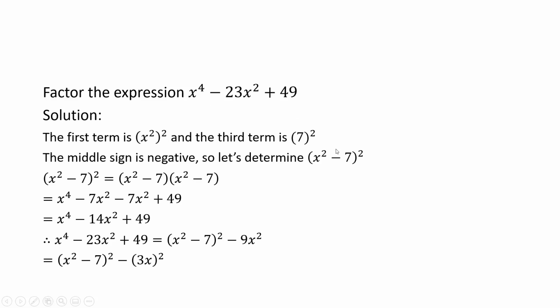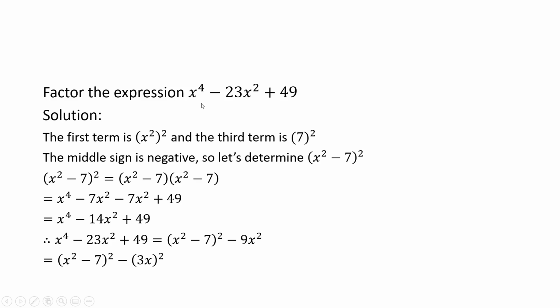But if you look at the original question, the middle sign there is a minus. So instead, let's try figuring out what's x squared minus 7 quantity squared. Well, x squared minus 7 quantity squared will ultimately be x to the 4 minus 14x squared plus 49.